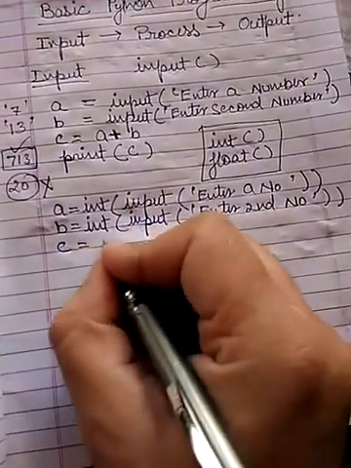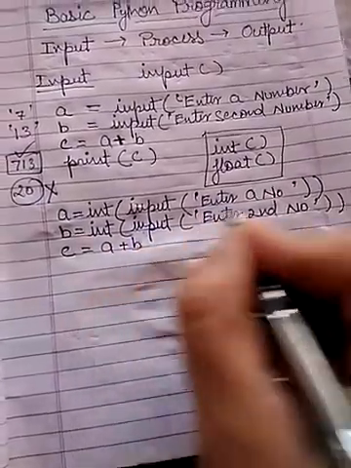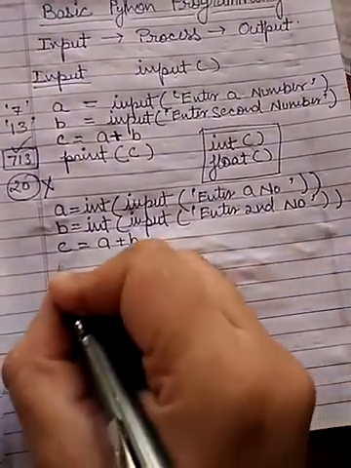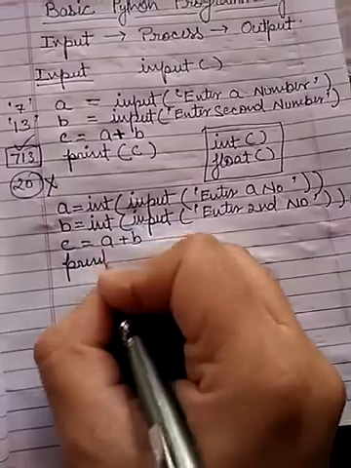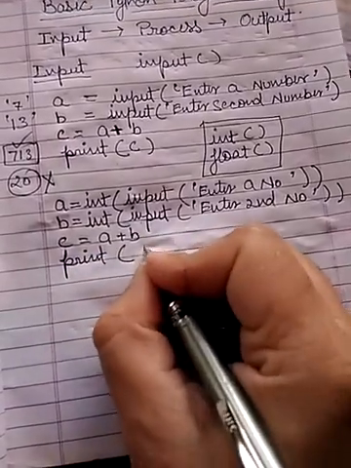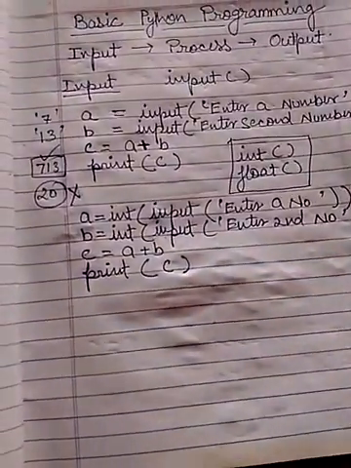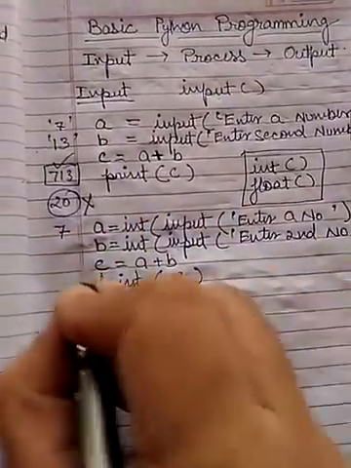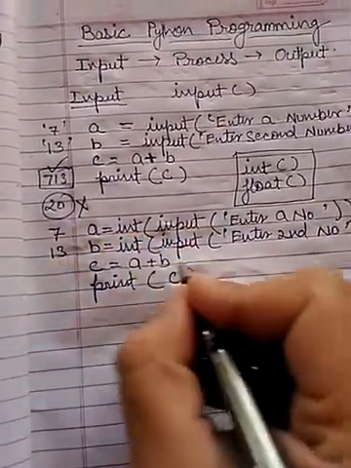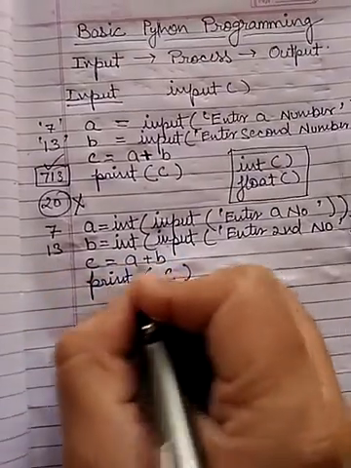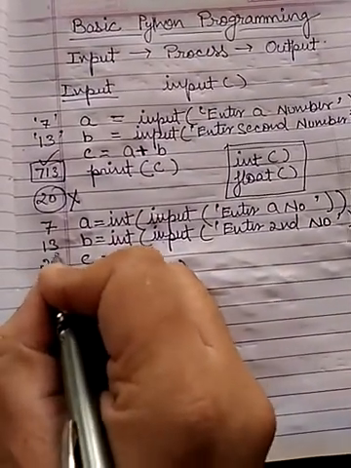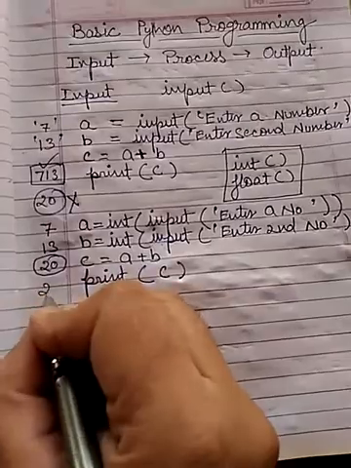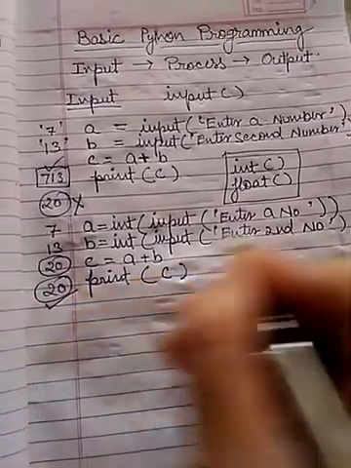Now c equal to a plus b, print c. Now if I give 7 in a, 13 in b, after that this plus will do the calculation of 20 and the 20 will be the output.